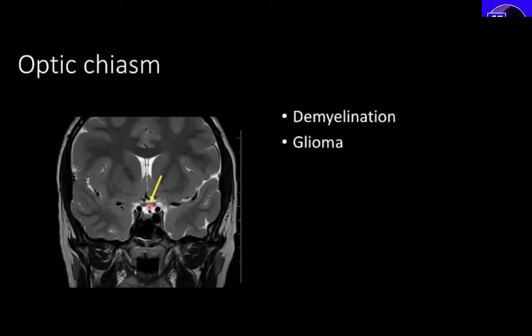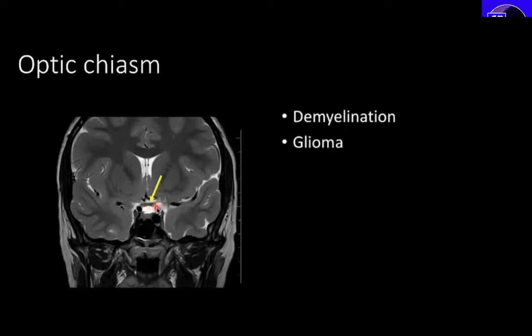Superior to the infundibulum, we see the optic chiasm. On the coronal images, it looks like a figure of 8 lying on its side. So this is the optic chiasm, and we see that the signal intensity of the optic chiasm is just like that of the normal white matter. If the optic chiasm is hyperintense or bulky, then the differentials of demyelination or glioma should be considered.